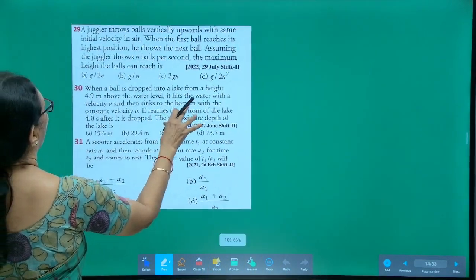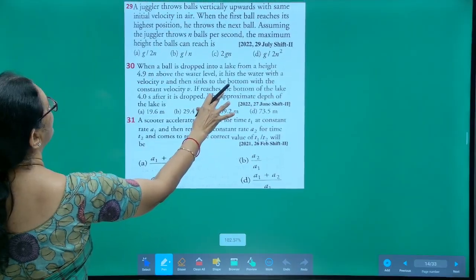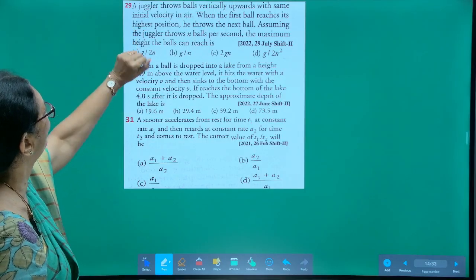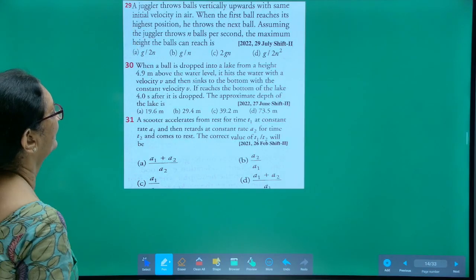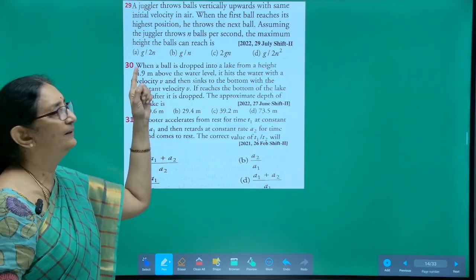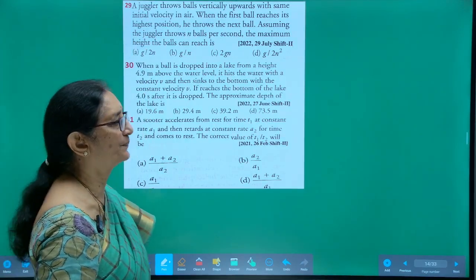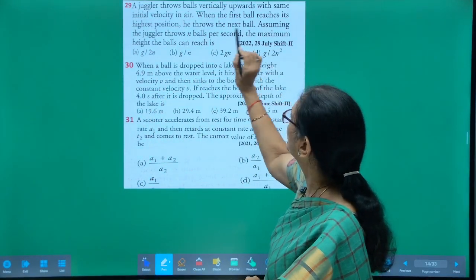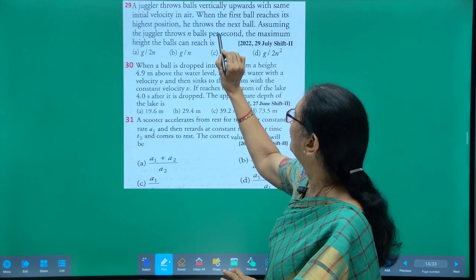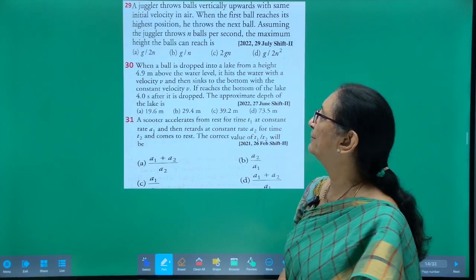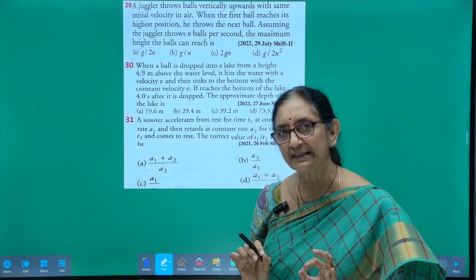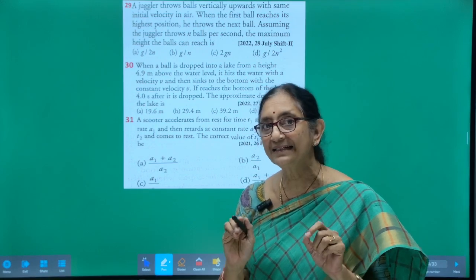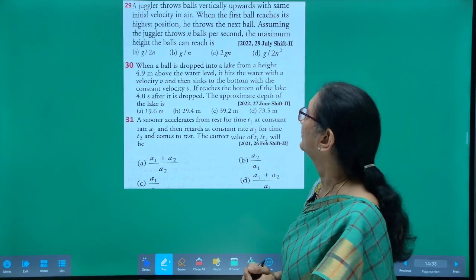Look here. A juggler throws balls vertically up with the same initial velocity. When the first ball reaches its highest position, he throws the next ball. Assuming the juggler throws n balls per second, find the maximum height of the ball. So the juggler is throwing the balls vertically up at regular time intervals, right?